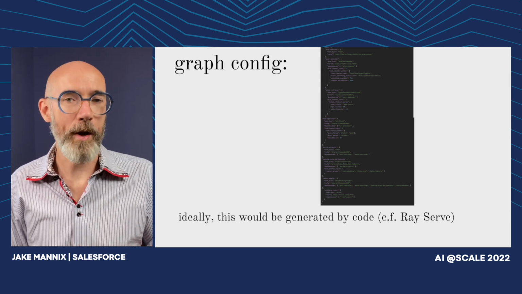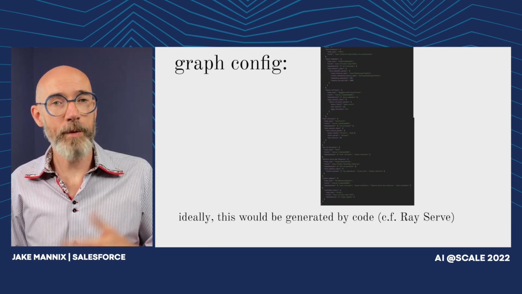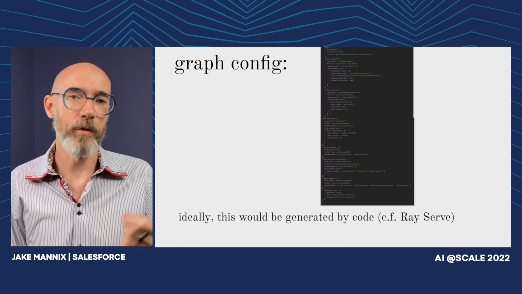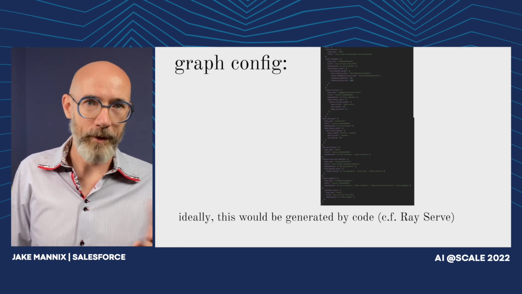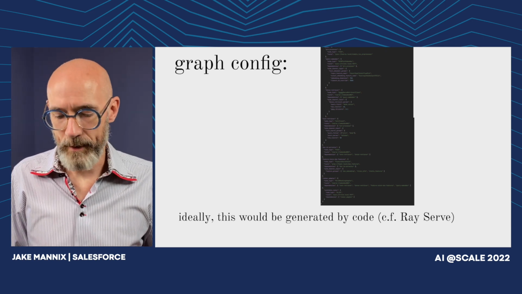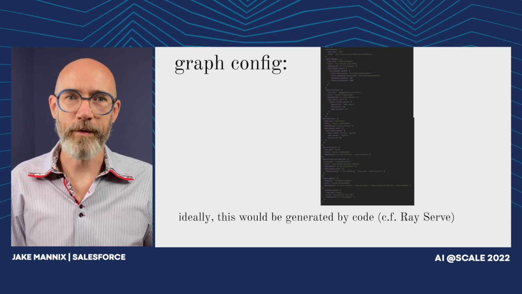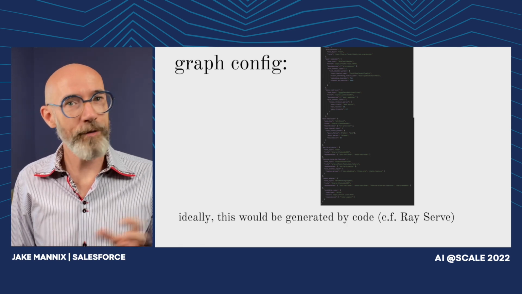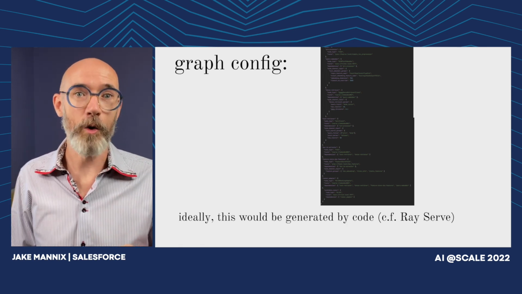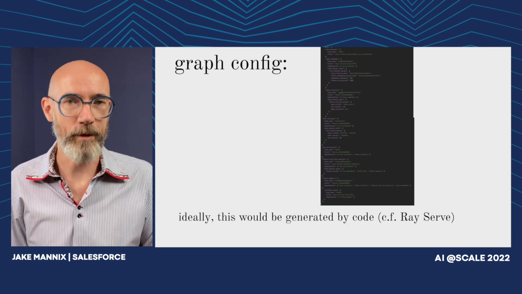This is essentially what Ray Serve does. And if we contribute this kind of idea back to places like Kubeflow serving, that would be great as well, because the Kubernetes world is really fond of these big YAML constructs, but not so much of writing it in code that can be more easily type checked.